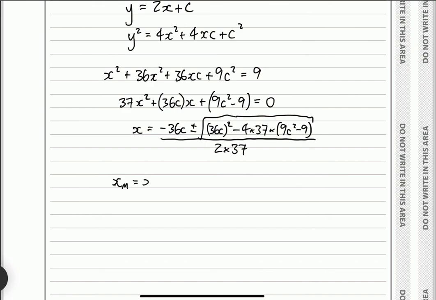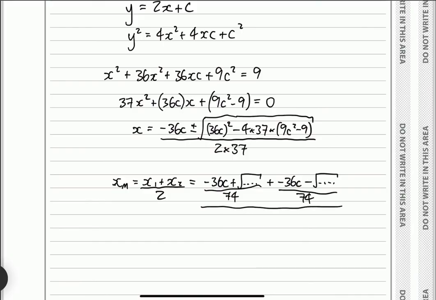which I know is x1 plus x2 over 2, and as soon as I do that, those opposing plus square root and negative square root will cancel each other out. So that, if I make it a little bit clearer, is minus 36c plus square root of that thing divided by 74, plus minus 36c minus the square root of that thing divided by 74, all divided by 2.